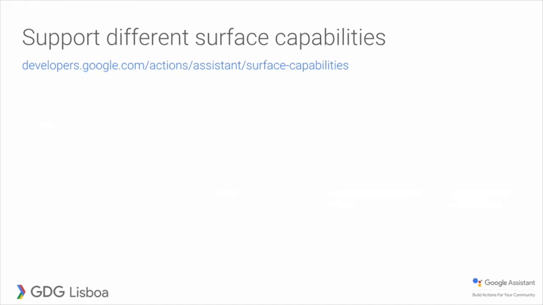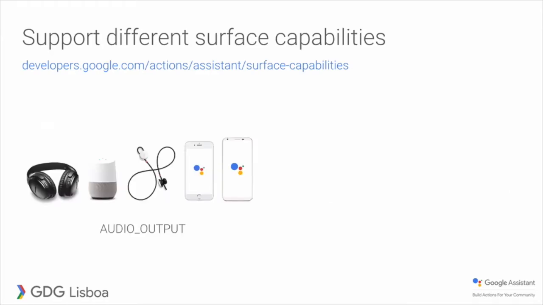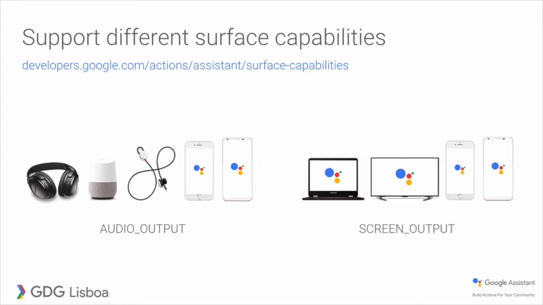So you want to make sure that you're giving them the best experience, that you're giving it to the person that maybe has limitations on visualizing or can't hear. So like I said, you've got devices that don't have a screen. So you've got the Google Home, the speaker, or you've got devices that do have a screen. So how do we interact with those?